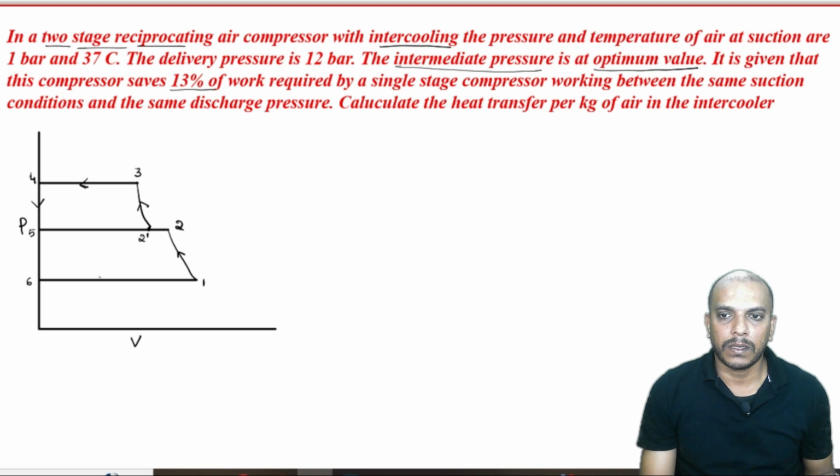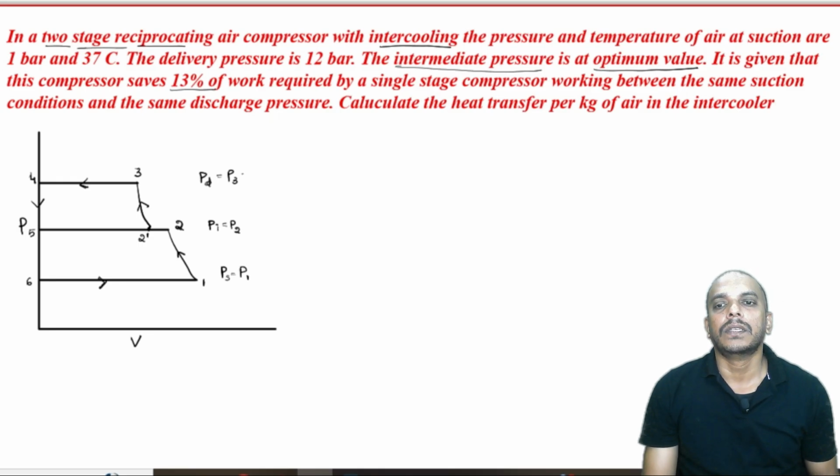So, this is our intermediate pressure, intermediate is equal to P2. Similarly, delivery pressure is P3 is equal to P4. All right. So, similarly, the suction pressure is P1. So, this is what has been given to us in a two-stage reciprocating air compressor with intercooling.